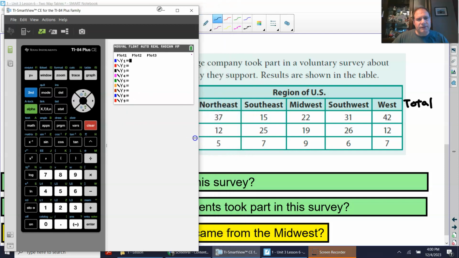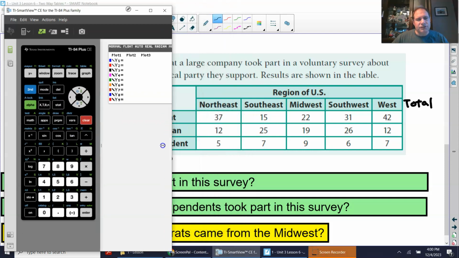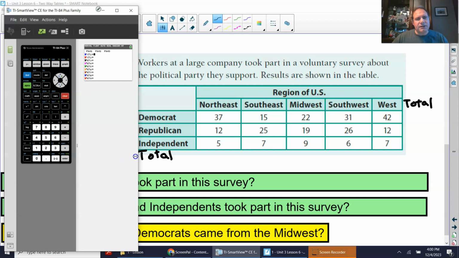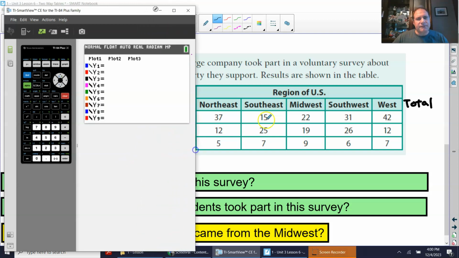All right, so for the Democrats, we have 37 plus 15 plus 22 plus 31 plus 42. If we add all that up, we get the total.